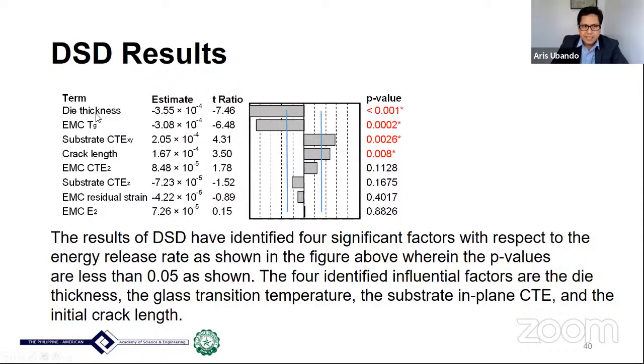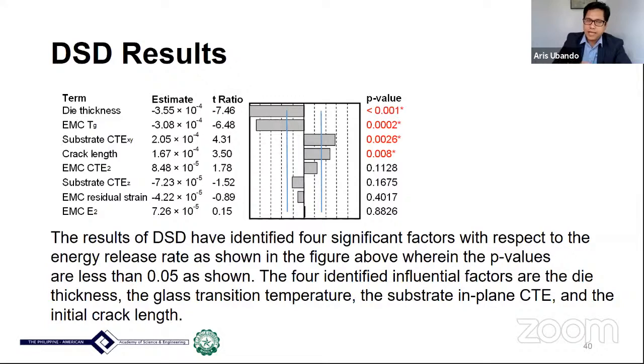So we have die thickness, the epoxy molding compound glass transition temperature, substrate CTE XY, and the initial introduced crack length are the 4 significant factors for the crack propagation.